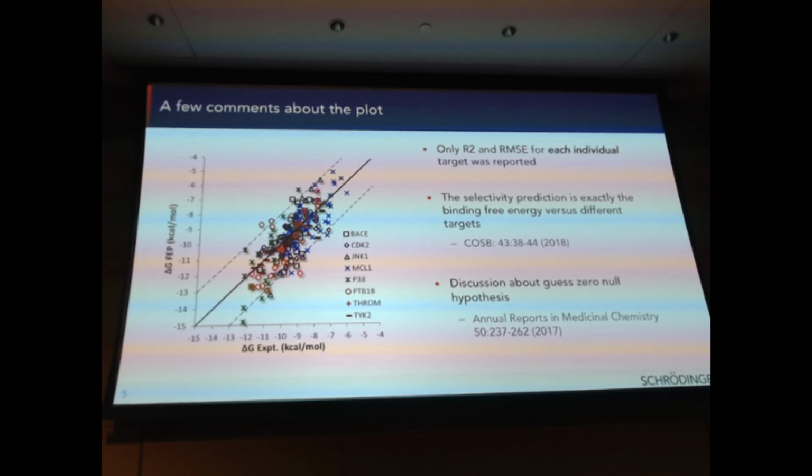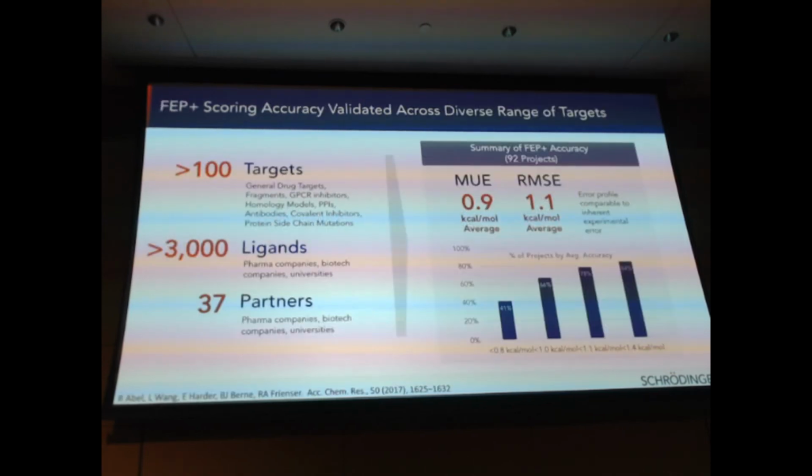After that, FEP+ has been used prospectively in many projects, and a similar level of accuracy is also obtained in those prospective studies. I think this is a real test of any method. Last year, we spent a lot of effort collecting the FEP+ performance on about 100 projects we were able to collect data on.